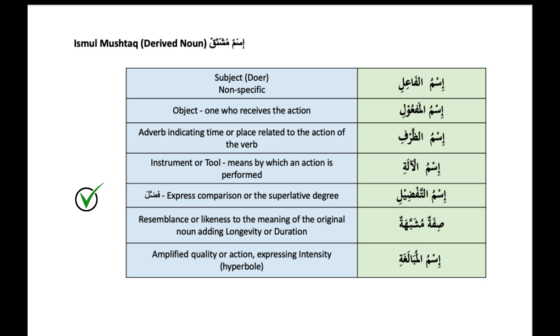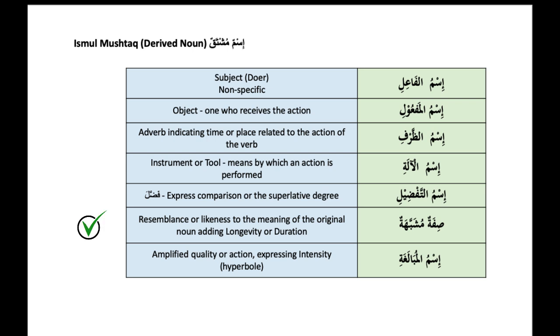The same word khayrun could be used for comparison between a few. Example, haza khayrun min zalika. This is better than that. Khayrun could mean good, better, best. When it is better, it means comparison. When it is best, it means superlative.